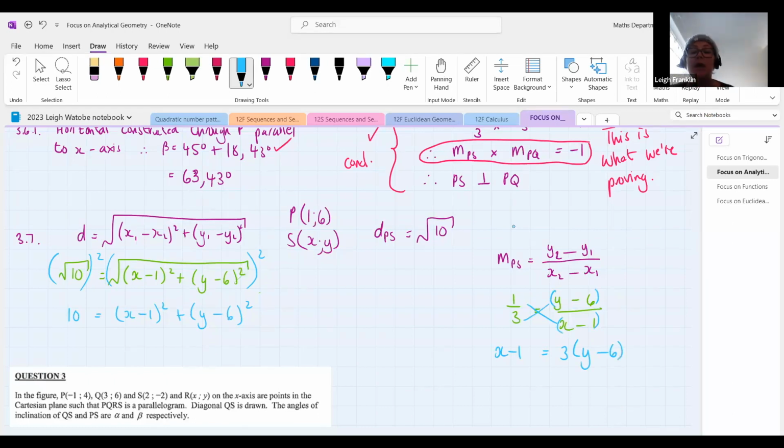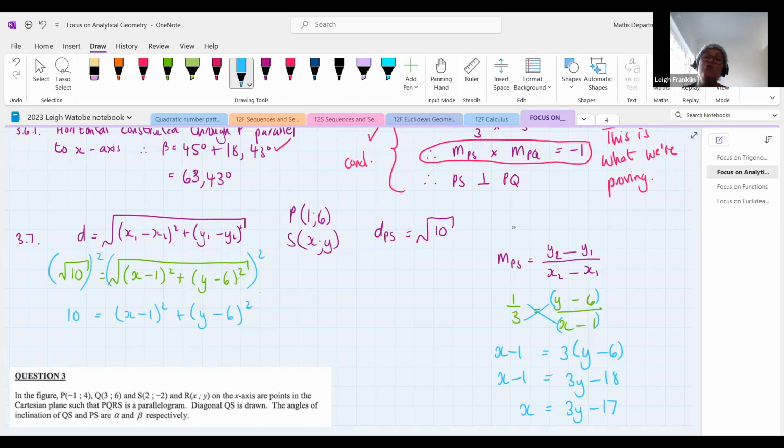Absolutely. And now we would be distributing, Teddy. Okay, so X minus 1 equals 3Y minus 18. It doesn't matter which variable you make the subject. You've got a 1 in front of your X, so I think it's a good idea to make X the subject of the formula. So you'd add 1 here, you've got to add 1 here, and you'd end up with 3Y minus 17.